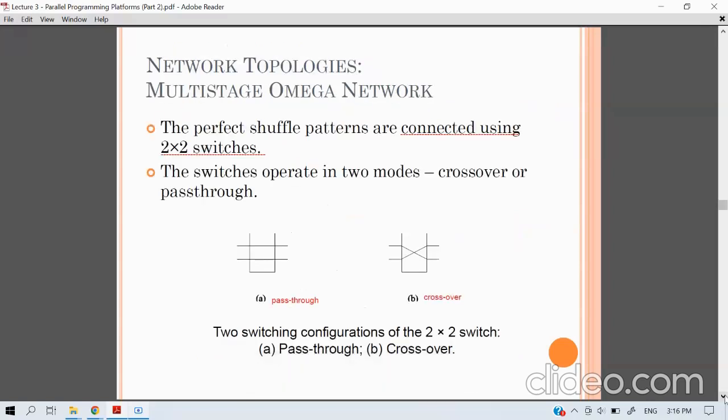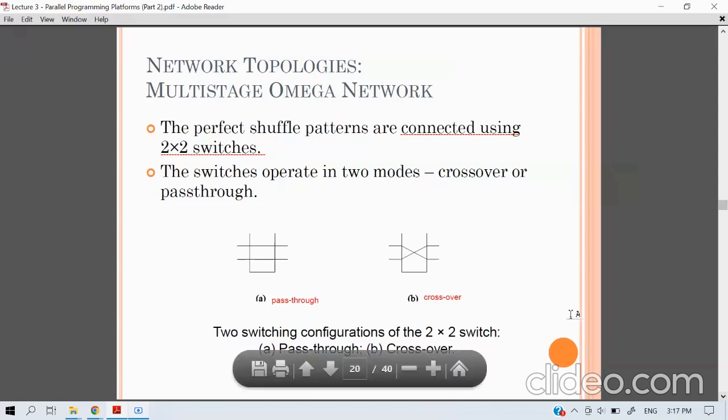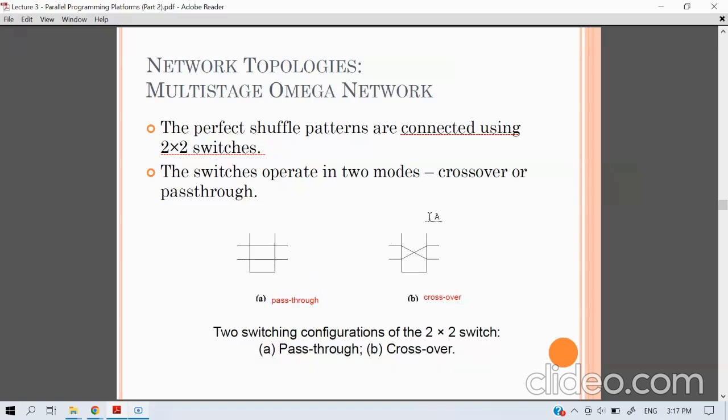Okay, so the perfect shuffle patterns are connected using 2 multiply 2 switches. The switches operate in two modes, either crossover or pass-through, which have been discussed earlier. So you can see here the pass-through approach and also the crossover.